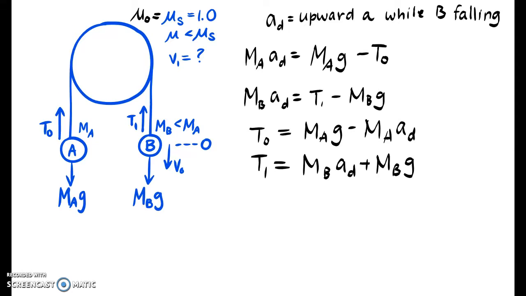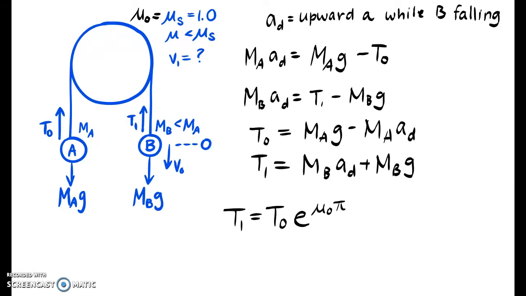We also have a relationship between the two tensions, namely T1 is equal to T0 times e to the mu 0 pi, where we got the coefficient of e to the mu 0 pi due to friction, and the derivation can be found in part 4. Since friction is going to help work against B, it's going to impede the motion of B, since friction works against the motion of the system. And initially, the system is moving downwards.